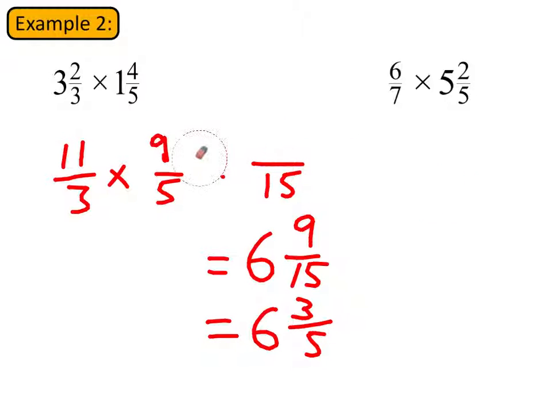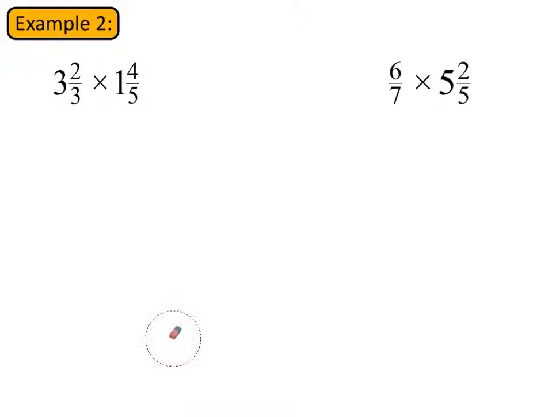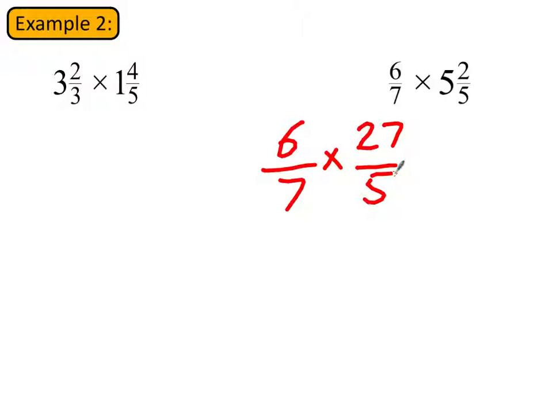Okay, in the second example, we'll look at 6/7 multiplied by 5 and 2/5. And again, it's exactly the same thing. We're going to write that 5 and 2/5 as a top-heavy fraction first. So we're going to have 27 over 5 for that part, and then we are going to work this out.